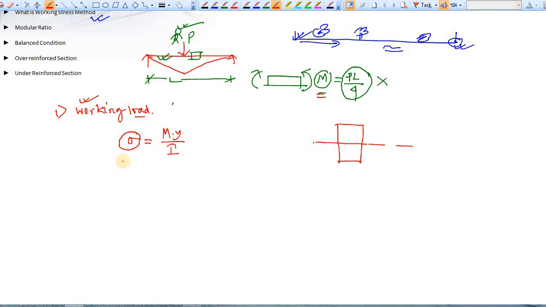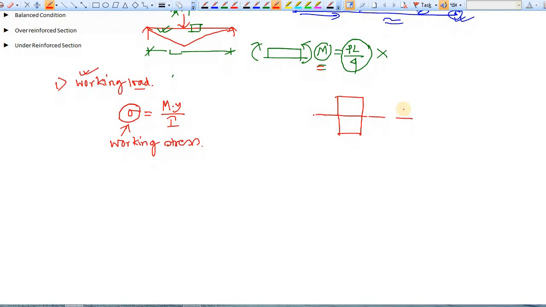That's why this stress is known as working stress. So till now nothing is new to you, everything is related to your strength of material lesson, and you have learned what is working stress.